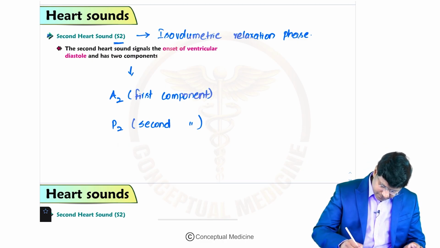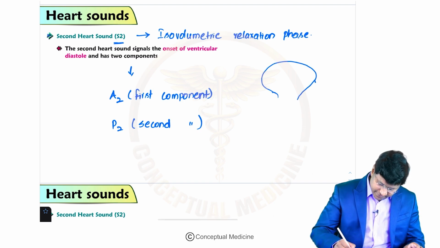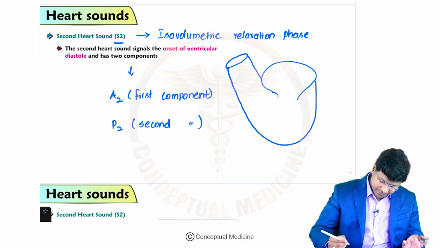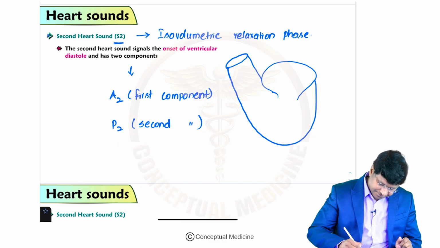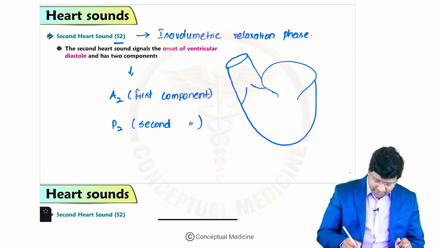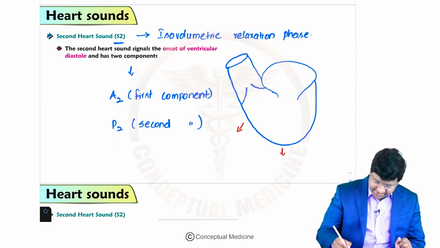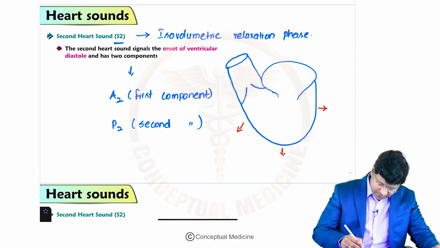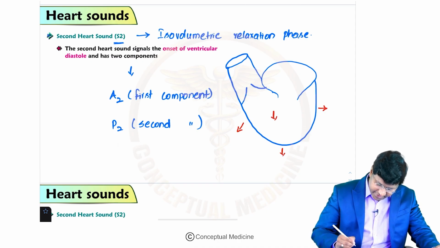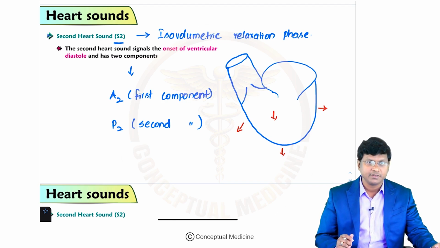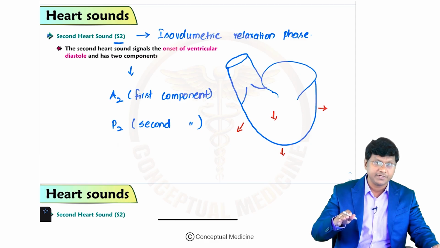So this will be the left atrium, followed by the left ventricle, which is giving rise to the aorta, and then this will be the aortic valve. When the ventricle is about to relax, the pressure within the ventricle reduces. That is, during the isovolumetric relaxation phase, the pressure within the ventricle will decrease.